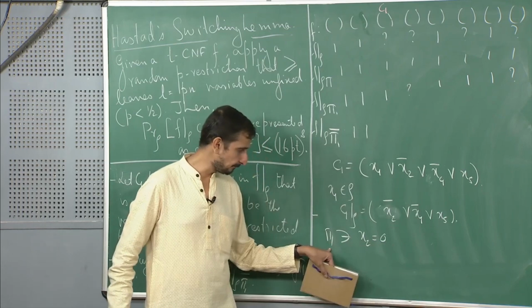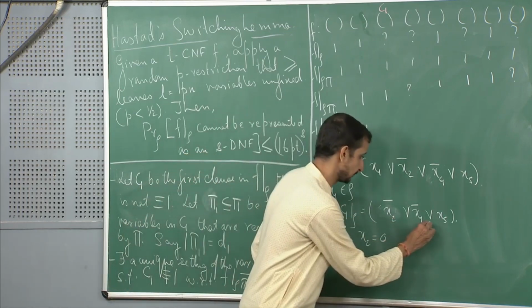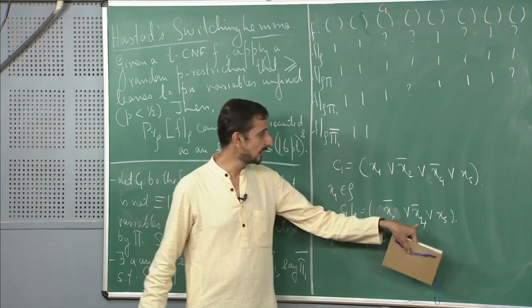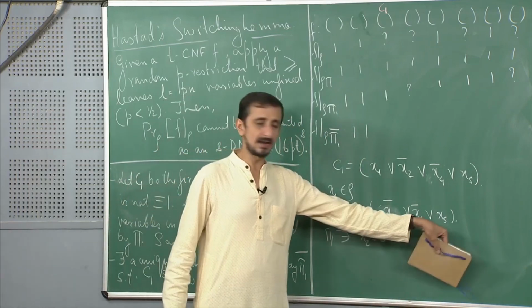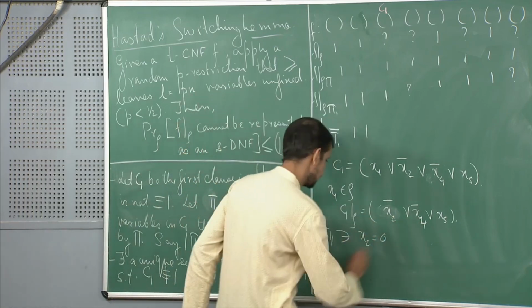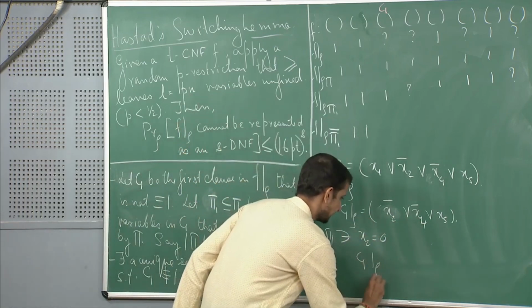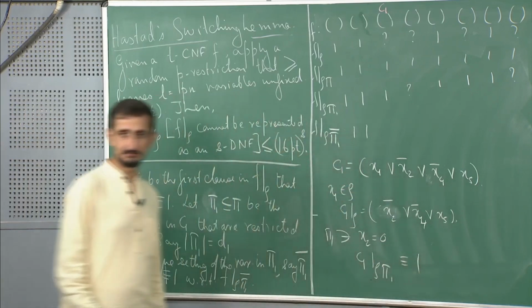Suppose pi 1 does not even look at x4 and x5, or pi 1 does not set x4 and x5. Even then this clause gets set to 1. So now with this setting, C1 restricted to rho pi 1 is identically 1.